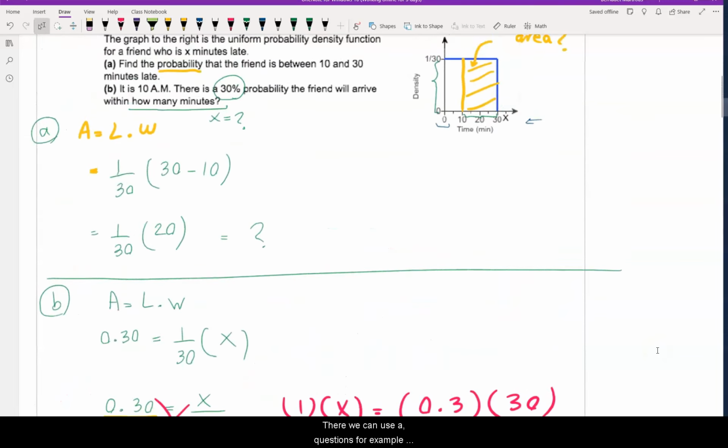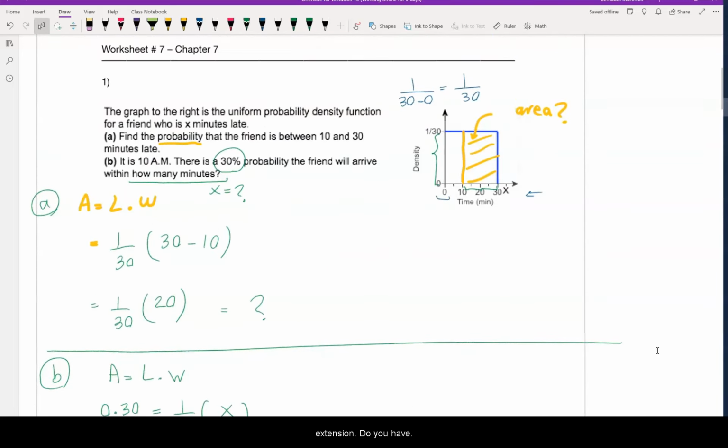Where can we use these kinds of questions? For example, let's assume that you have ordered from Amazon and you're waiting for your package, and the expected time to receive your package is between 10 a.m. and 2 p.m. So it's 4 hours, and you're 100% sure that you will receive your package between these two times, meaning your probability is equal to 100%.